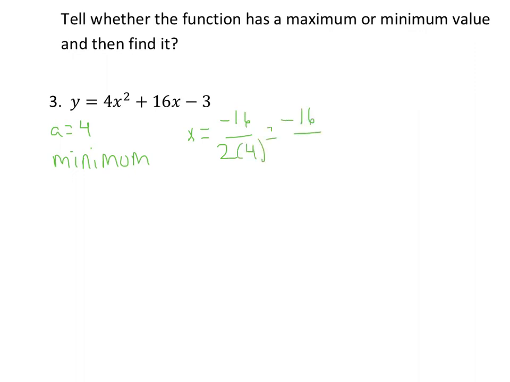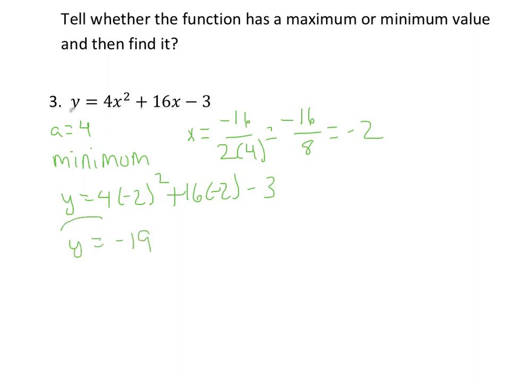So you get negative 16 over 8, negative 2, but that's not the minimum. The minimum is the y value. So now that means plug it in, then calculate it. You should get y equals negative 19. So that is the minimum value. It's not an ordered pair, it's that value. Okay? Let's look at the next example.